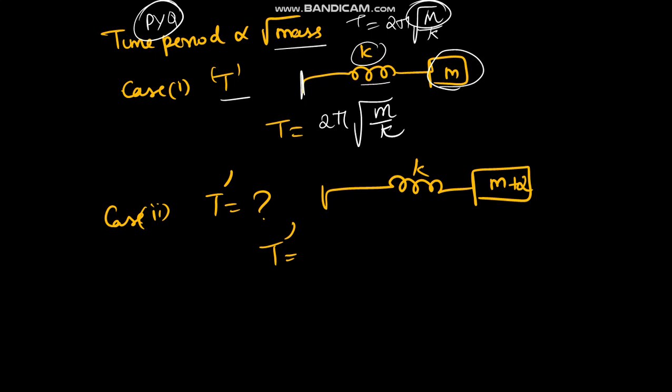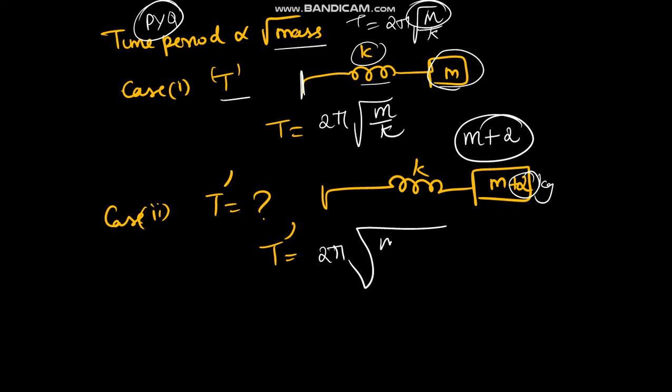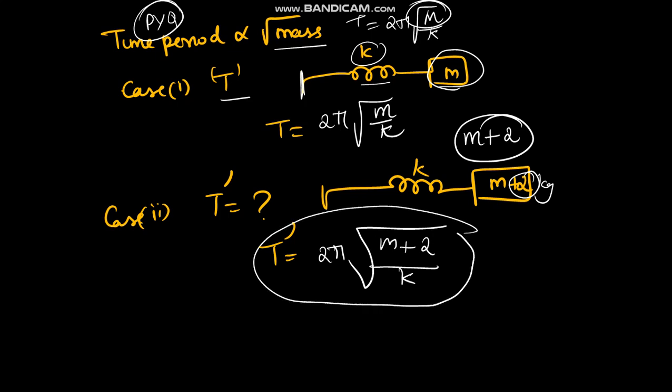In the second case they are asking what will be the time period if the mass is increased by 2 kg. If the mass is increased by 2 kg, it is nothing but this mass m increased by 2 kg, which is 2 pi root of mass. What is the mass here? It is m plus 2 divided by k. So this is the time period, and this is the most commonly asked previous year question.